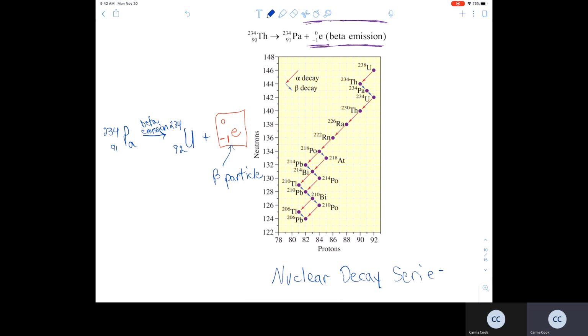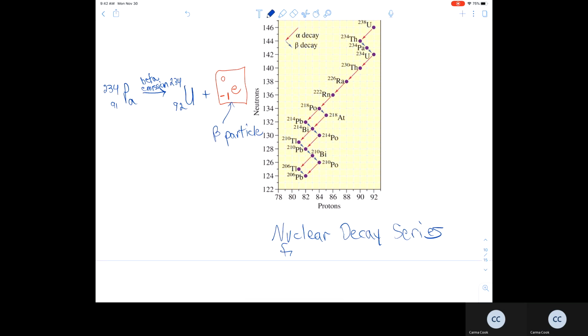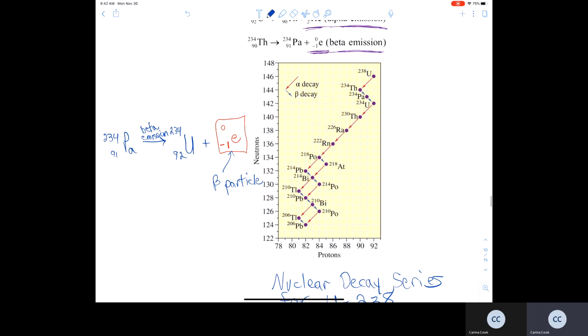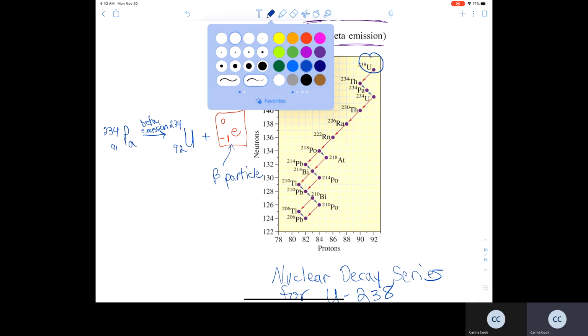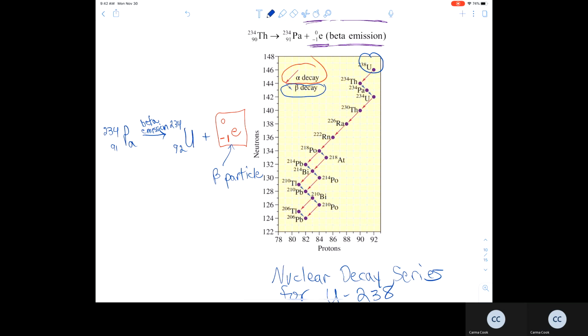Shown here in this graph for uranium-238. So you start off with uranium-238. The red arrows represent alpha decay, and the blue arrows represent beta decay.